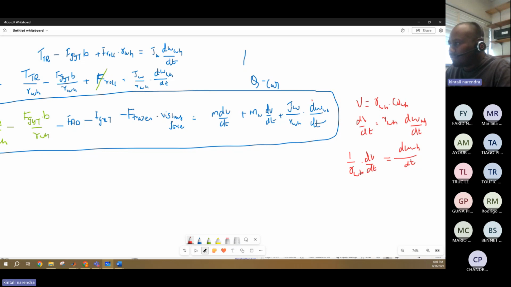Now in place of this term, I'll substitute this equation. Then I'll get M into dV by dt plus MW into dV by dt plus JW by RWH square into dV by dt.